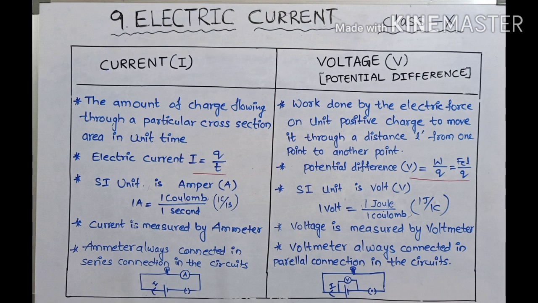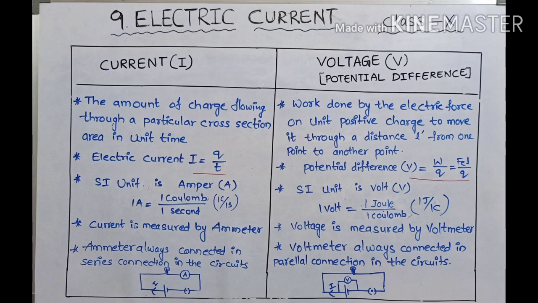Current is the amount of charge flowing through a particular cross-sectional area in unit time, and I can be written as Q by T, whereas voltage is the work done by the electric force on a unit positive charge to move it through a distance L from one point to another, and potential difference can be written as W by Q or Fe L divided by Q. The unit of current is ampere, and 1 ampere is always equal to coulomb per second. The unit of voltage is volt, and 1 volt is always equal to 1 joule per 1 coulomb.